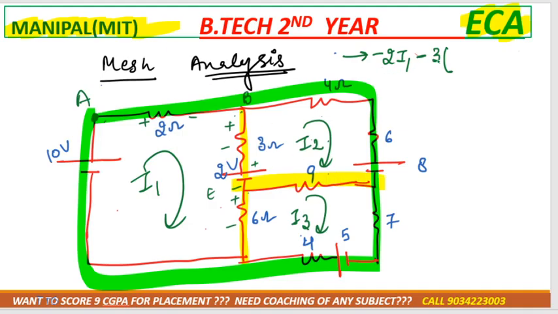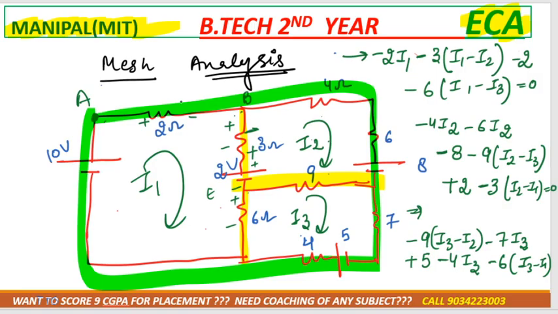So that would be minus 3(I1 minus I2) minus 2, and then again minus 6(I1 minus I3) equals 0, right? Understood? So now this is the second mesh equation and this would be the third mesh equation, correct?